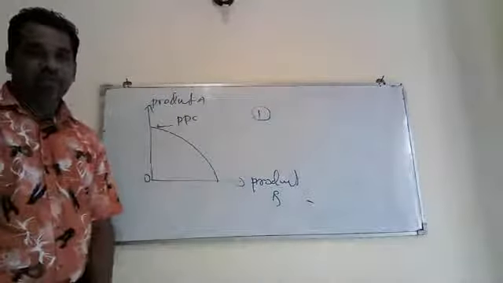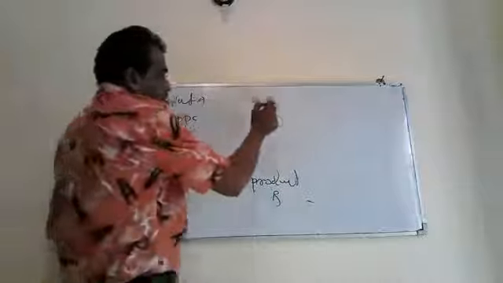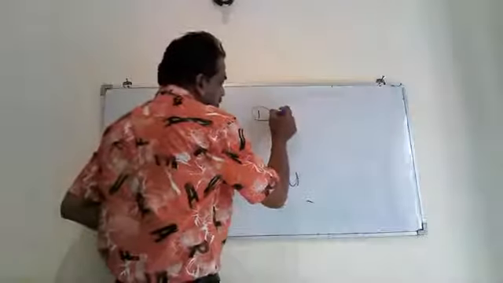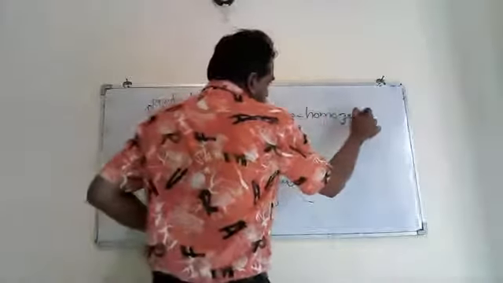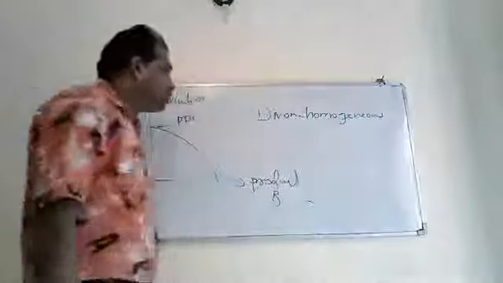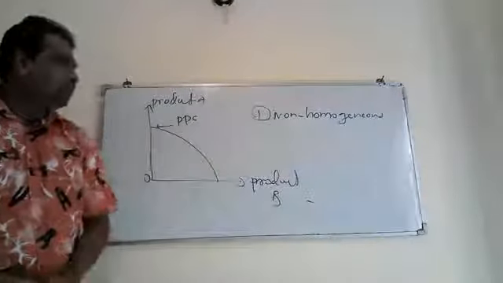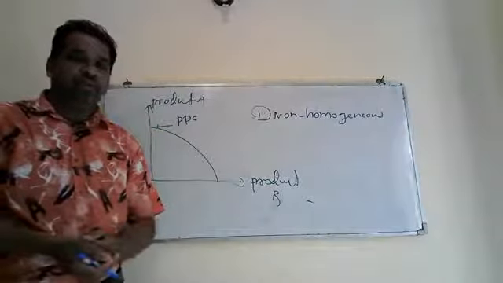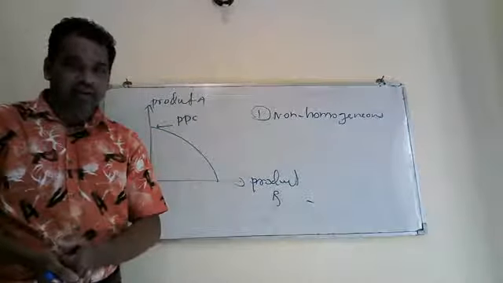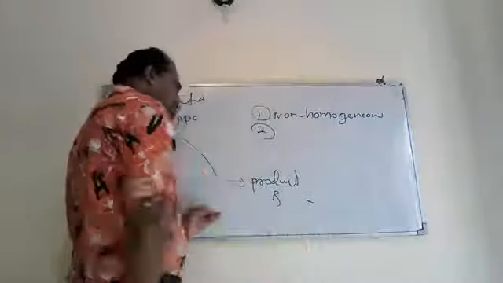Why? Because our resources are non-homogeneous. Non-homogeneous means not similar. Different types of resources, because we can't use the same resource to produce another item. Therefore, non-homogeneous resources.